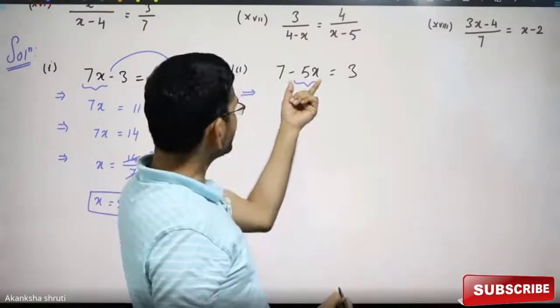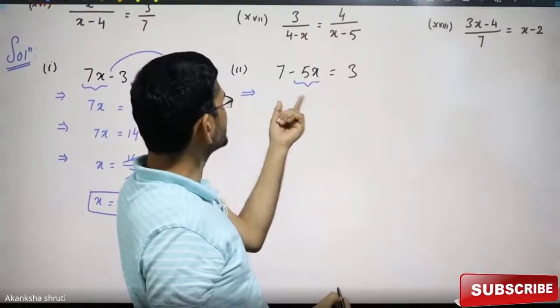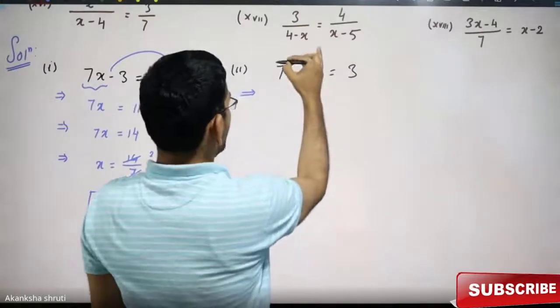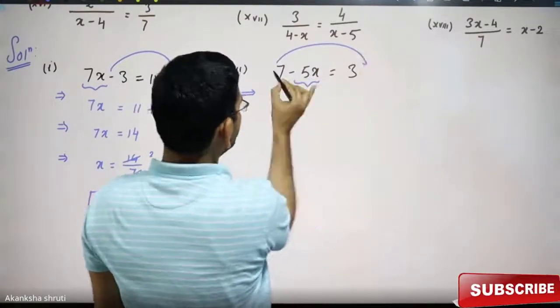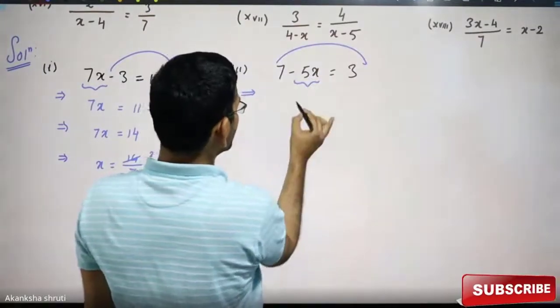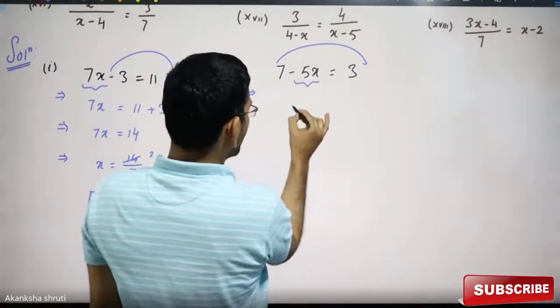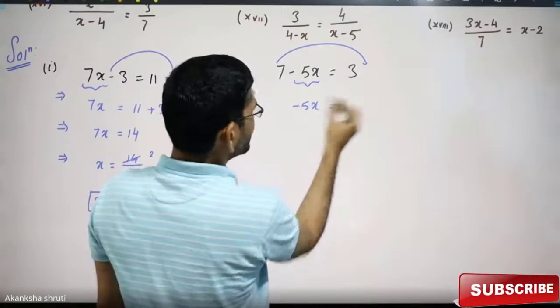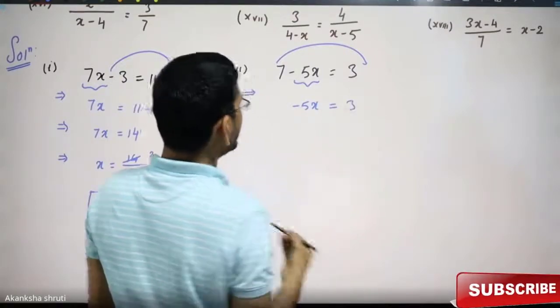If we keep this x term on the left hand side, this 7 has to be sent to the right hand side. What is the sign of this 7? The default sign of 7 is plus. The variable term is already minus 5x, so keep this as it is. Wherever there is an equal sign, keep it. The right hand side is already 3.